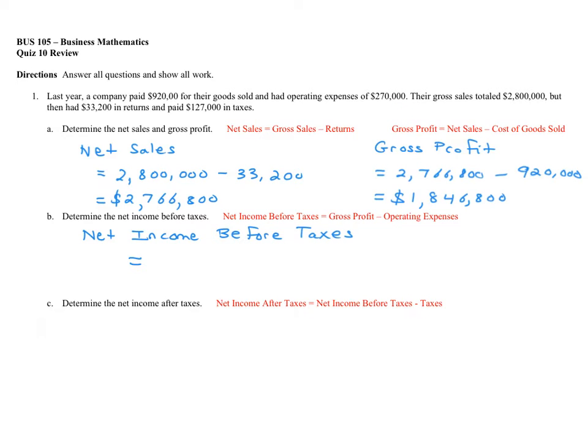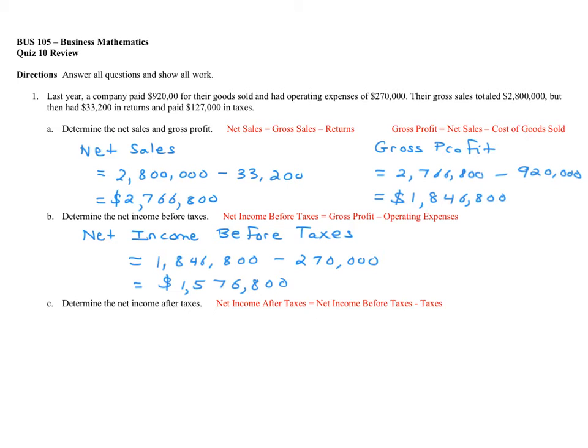So I'm going to copy down the gross profit, and I'm going to subtract off, not the taxes, but just the operating expenses, which is this amount. Again, I'm going to type this into my calculator. And now our net income before taxes is 1,576,800. So, about $1.5 million.